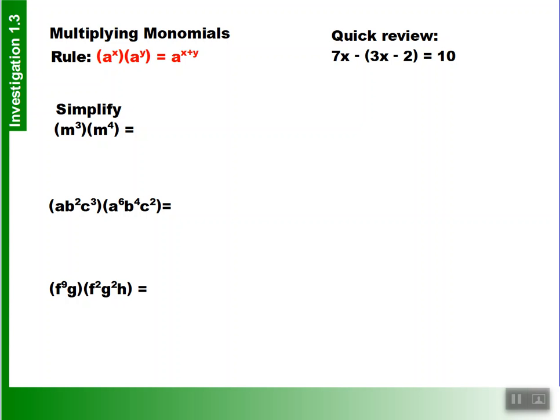And you just proved that by saying m to the third times m to the fourth is equal to m to the 7th. The bases were the same, they were m's, and so we combined the exponents. And we knew that because by expanding m to the third and m to the fourth, we got m to the 7th.